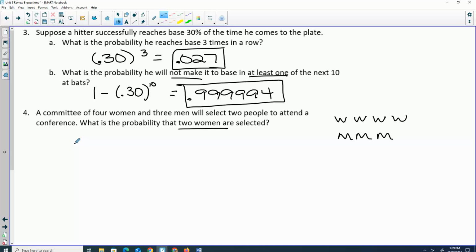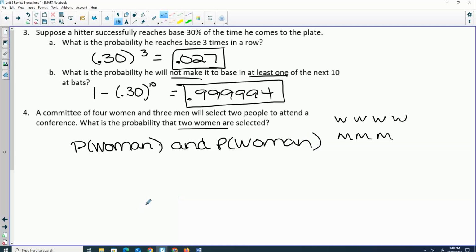I want 2 women, so I need the first one to be a woman and the second one to be a woman. And means what? Multiply. So we are going to do multiply. So the probability that the first one is a woman. So I look, I have 4 women to choose from out of 7 total candidates.